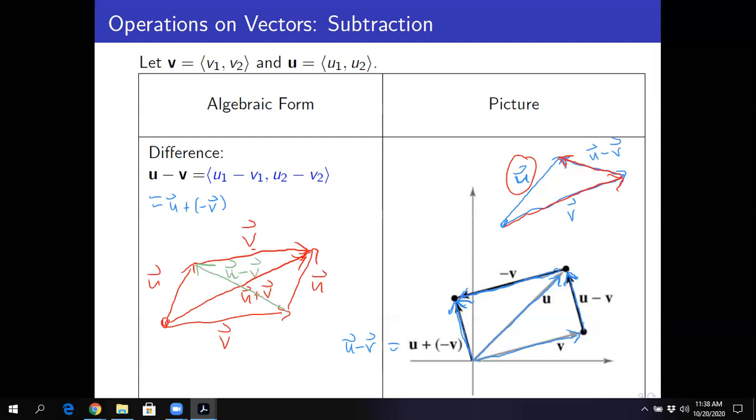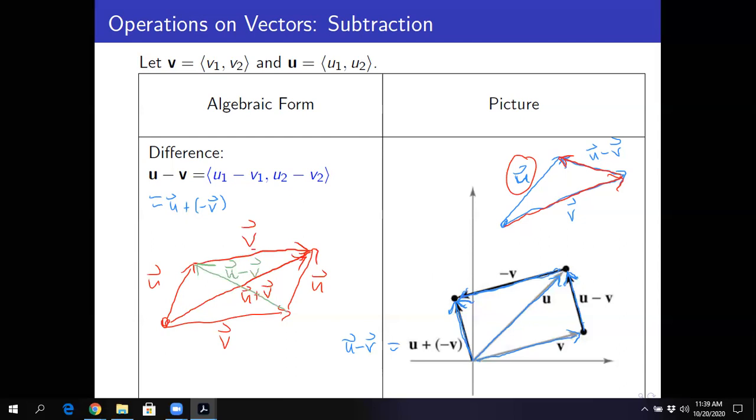So you can draw a little parallelogram using just u and v, and the diagonals of that parallelogram are going to be u plus v and u minus v respectively, depending on which direction you put the arrowheads, or which diagonal you're looking at. Does that make sense? Hopefully. There's some nice geometry going on here that we'll definitely take advantage of eventually.